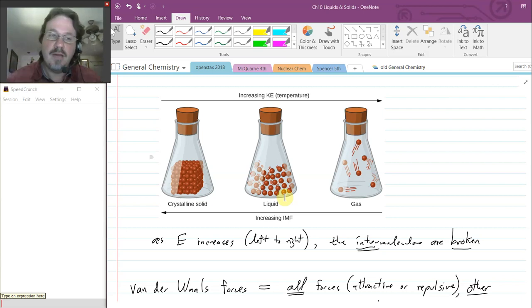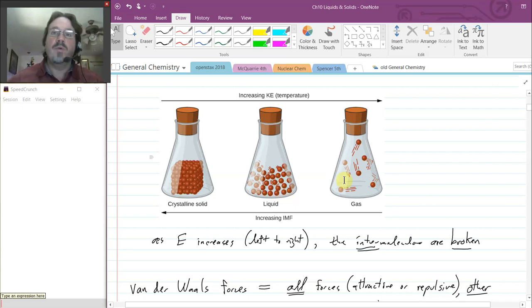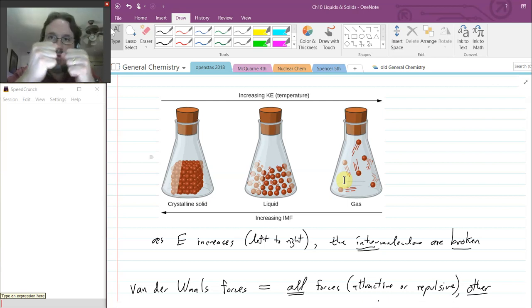They're still held together. In a gas, we finally give them even more kinetic energy, so that now they can totally break free of those forces, and they're just whizzing around on their own. They're bouncing off the walls, they're bouncing off each other once in a while, but we don't have any forces strong enough to hold them together because they've got so much kinetic energy in a gas.